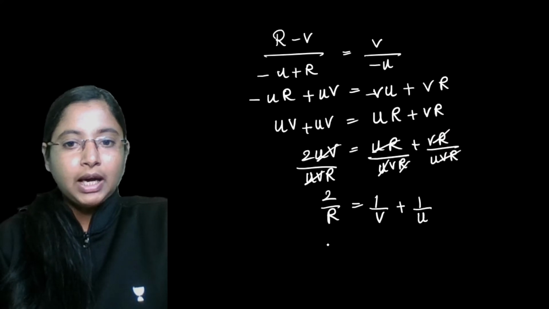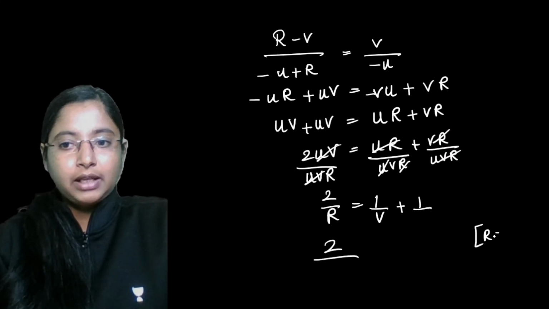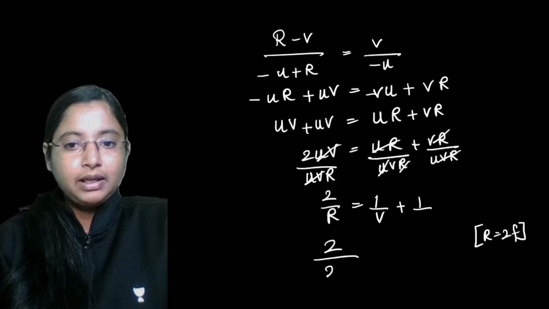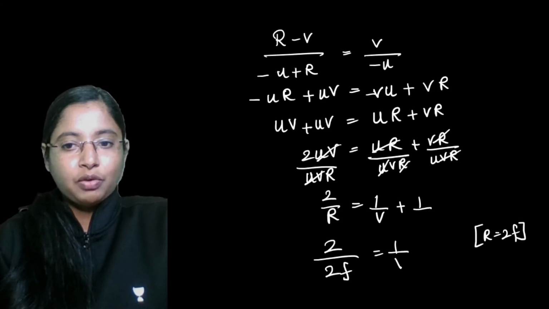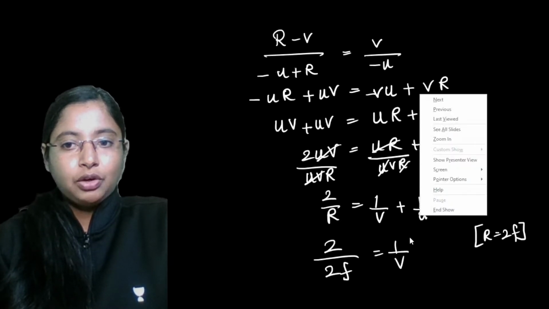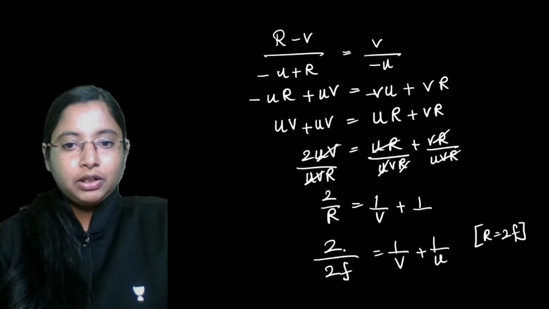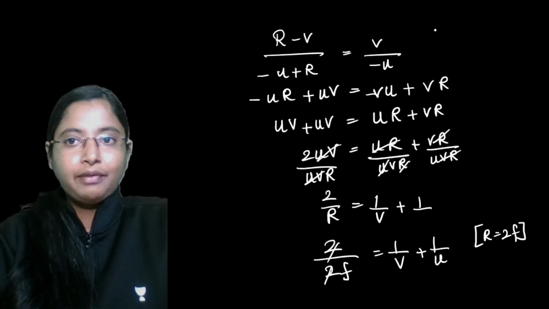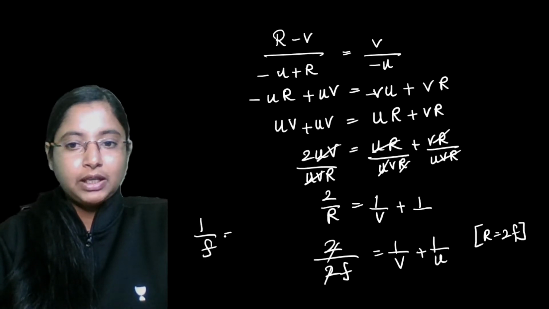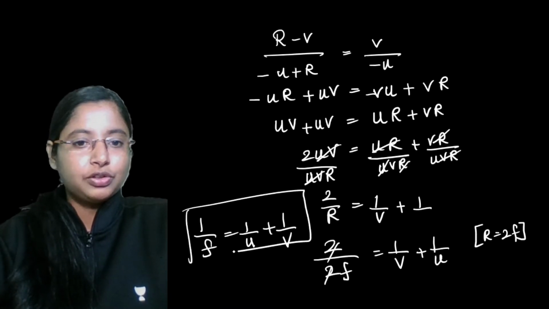Earlier we said R is nothing but 2f, twice the focal length. So we substitute the same over here, the 2 gets cancelled. Finally, we have 1 by f equal to 1 by u plus 1 by v. That's it, there you go. You got your mirror formula.